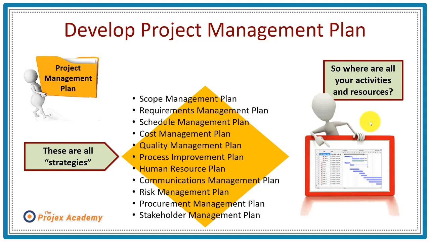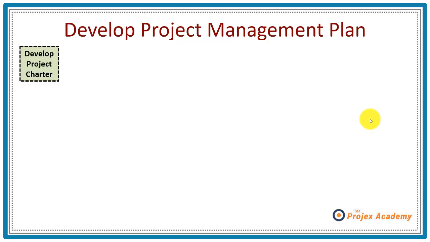And of course, these all get created during the planning process group, but it's not obvious when you look at the standard matrix within the PMBOK guide. So let me elaborate. Let me take you through this as a series of sequential steps. So the first thing within your project you would want to do is to develop your project charter. And I've shown that as a dotted line since it's within the initiating process group rather than the planning process group, which is where I'm focusing.